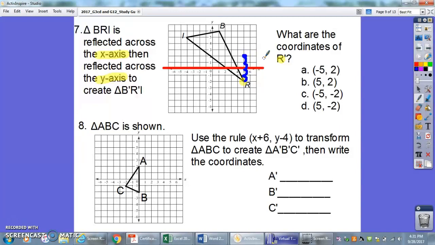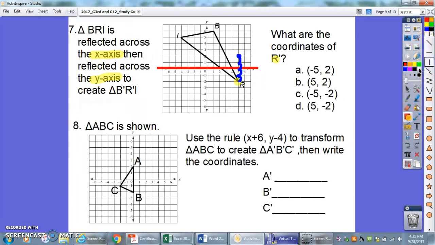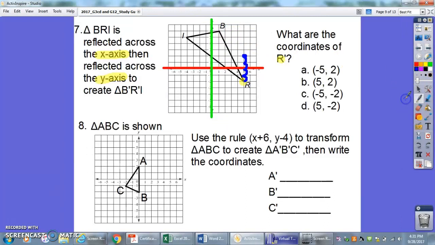After that one reflection, we now have to do the y-axis. I'm going to highlight the y-axis in a different color. This is the line I need to count to and reflect across. We got 1, 2, 3, 4, 5. It took 5 spaces to get there.